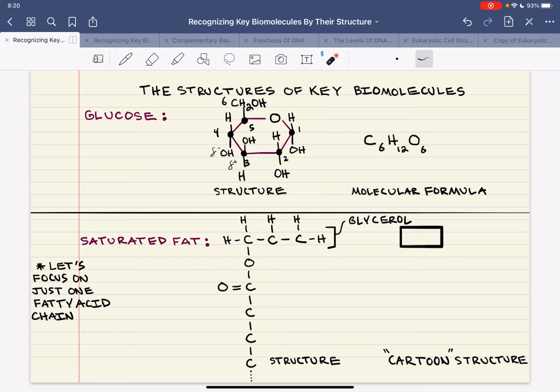Those names depend on the number of carbons and therefore their length. And obviously we don't want to watch me draw out 18 carbons in a row, so I stopped at 1, 2, 3. I just put ... This goes on until sometimes I'll just put it right here. 16 to 18 more carbons.